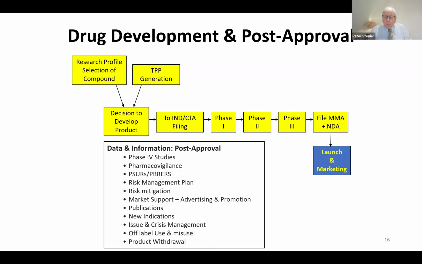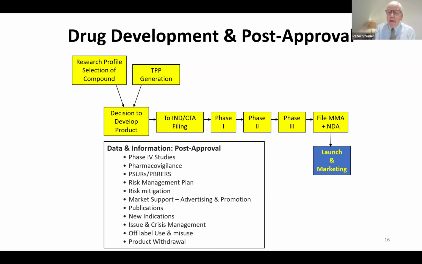So that's a special situation which will be described later as to what data goes into the marketing authorization. But clearly, it's an accumulation of all the safety data that's been derived from the development program. And of course, it's not complete because the development program itself doesn't produce a complete set of data to be able to say that the product is safe.